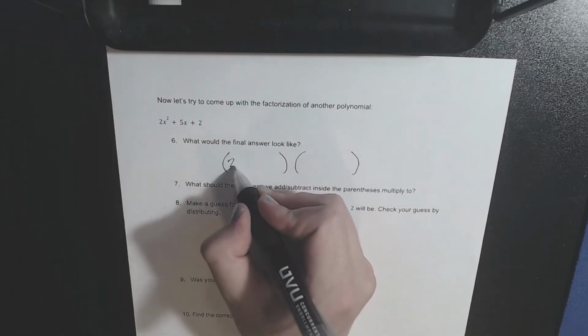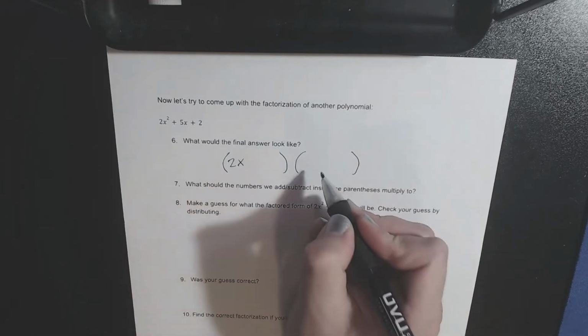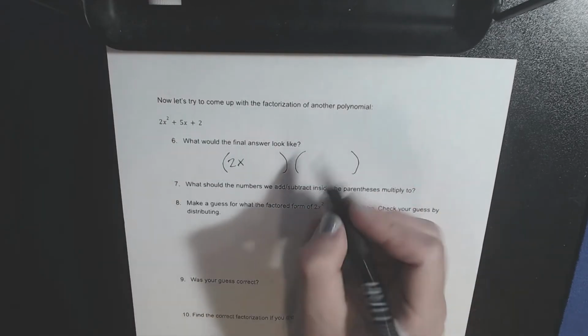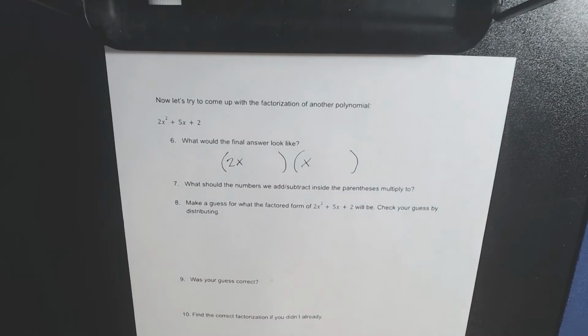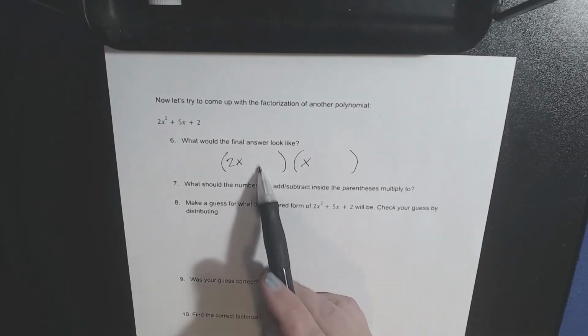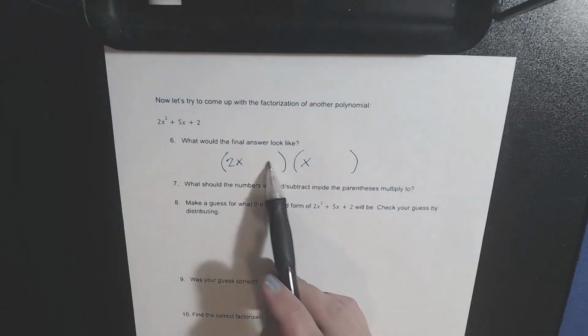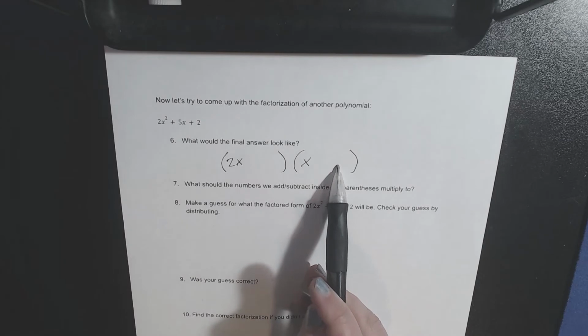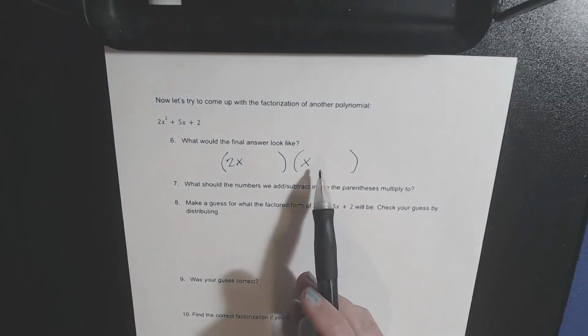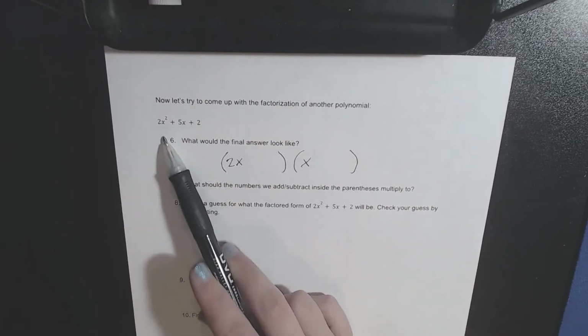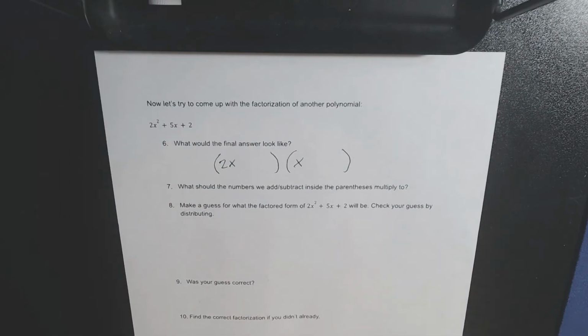Well, we need a 2x on one of the factors to get that 2, and then just a regular x on the second one so that we get 2x squared. Okay, so that's what it should look like, and then we've got to figure out what numbers to put here and here so that when you multiply this out, you would get the 2x squared plus 5x plus 2.